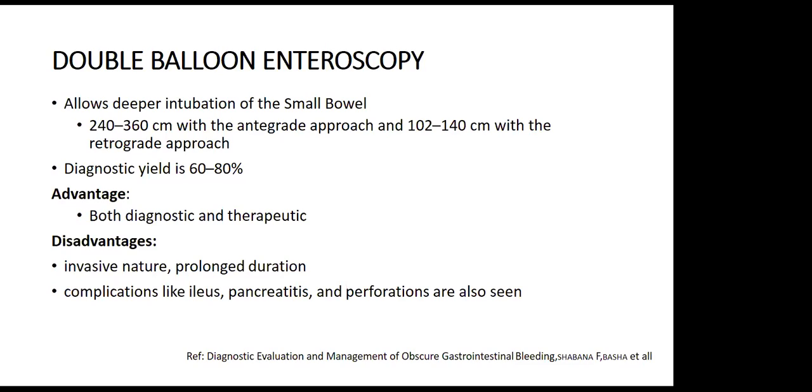Double balloon enteroscopy has both diagnostic and therapeutic value. The disadvantages are that it is invasive in nature, time consuming, and complications like ileus, pancreatitis and perforation may also occur.